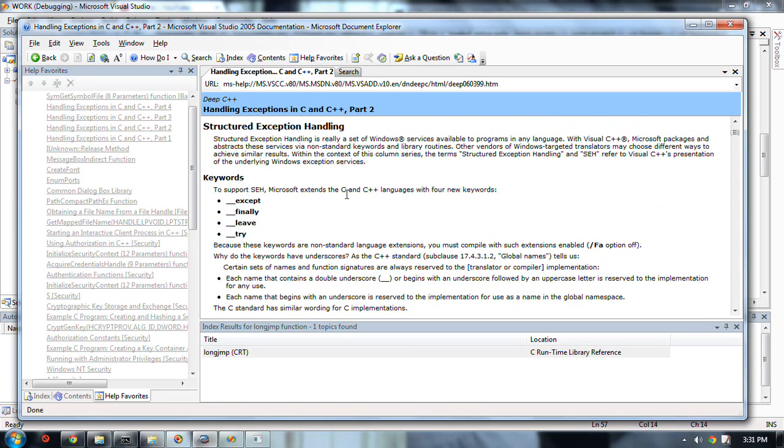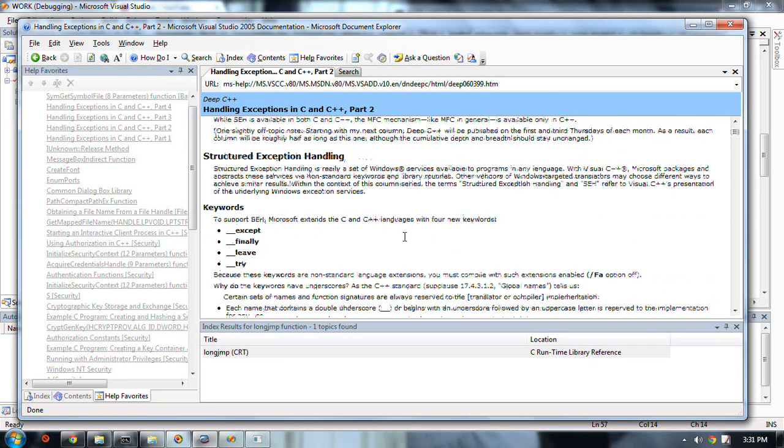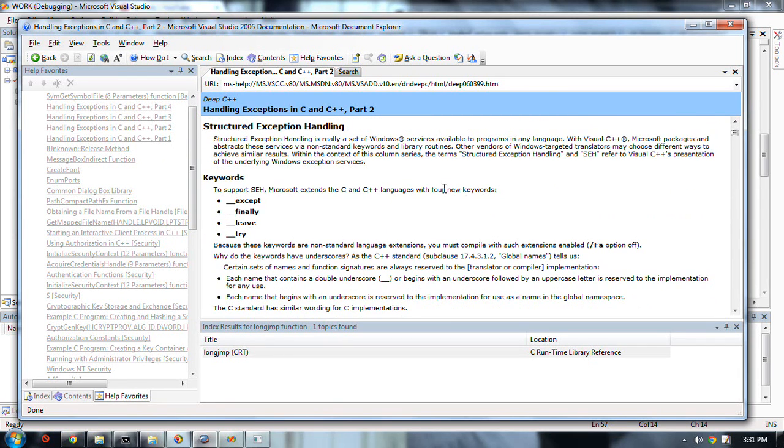But he's able to answer this question. Subclause 17.4.3.1.2, global names, tells us that the compiler implementer reserves names beginning with double underscores, has reserved any names that begin with a double underscore or a single underscore followed by a capital letter.